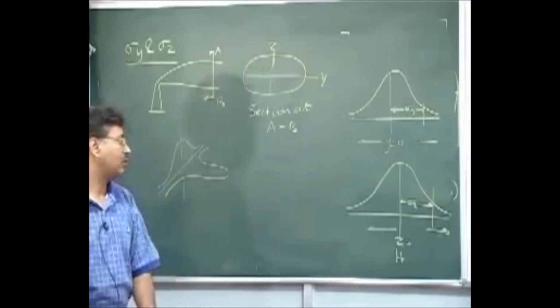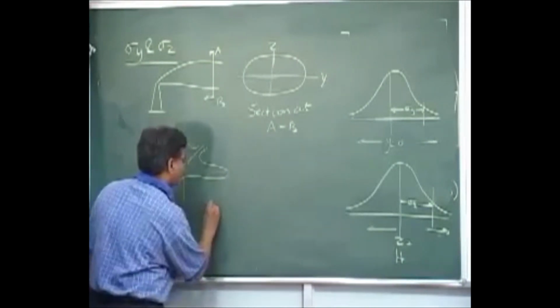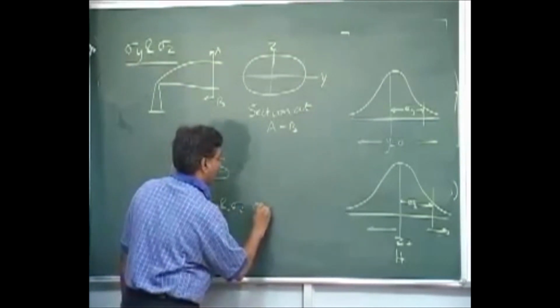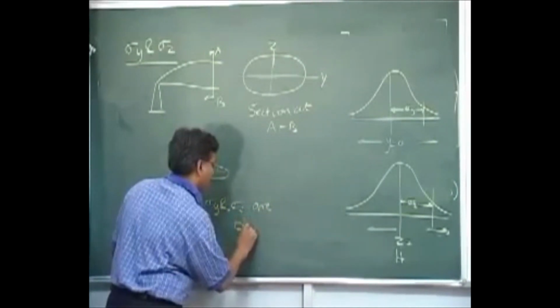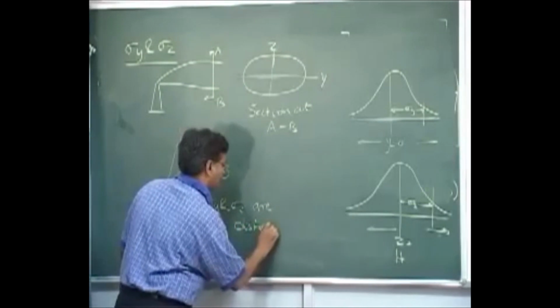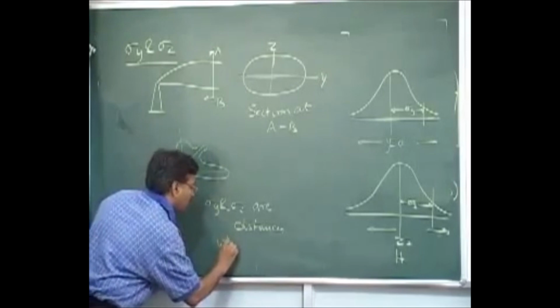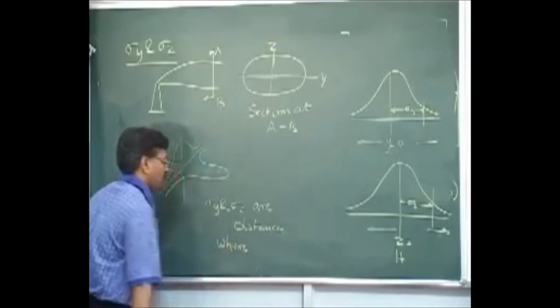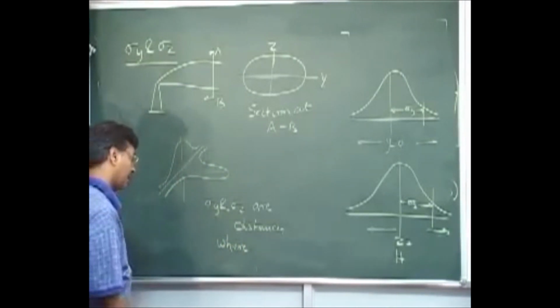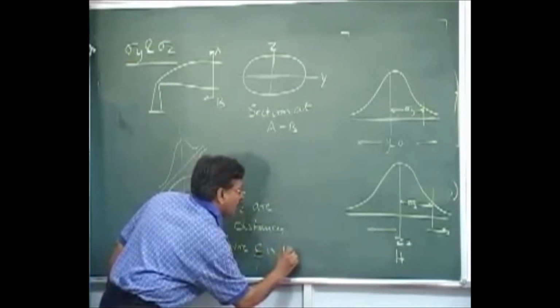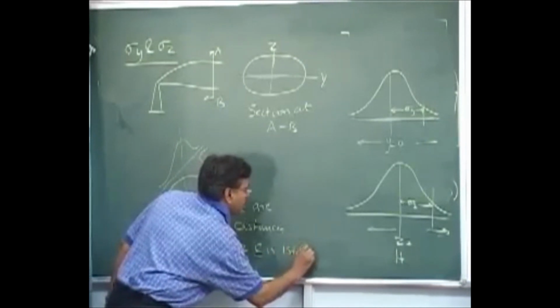We write again that sigma Y and sigma Z are distances where the concentration is 1 standard deviation.